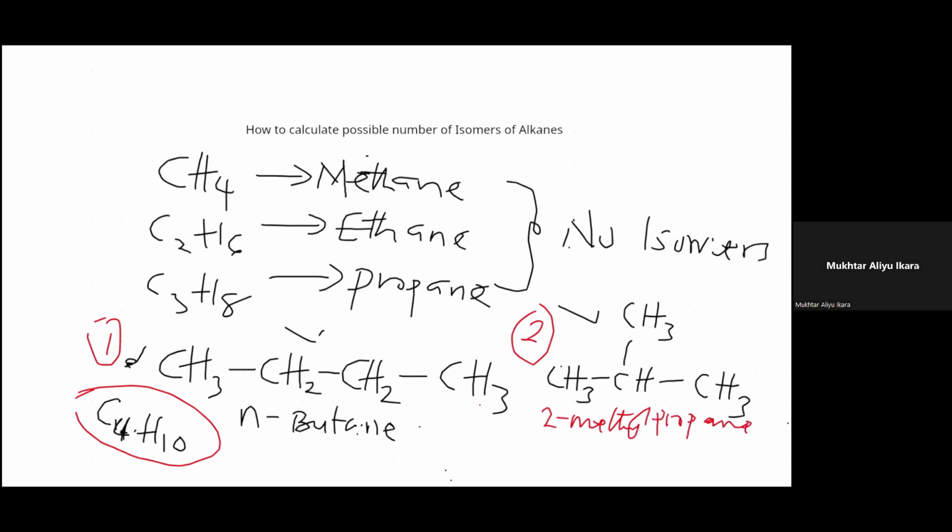We can actually calculate the possible number of isomers of alkane.